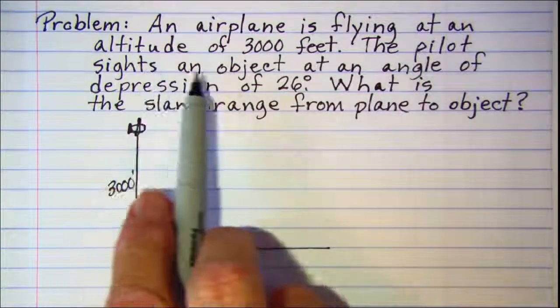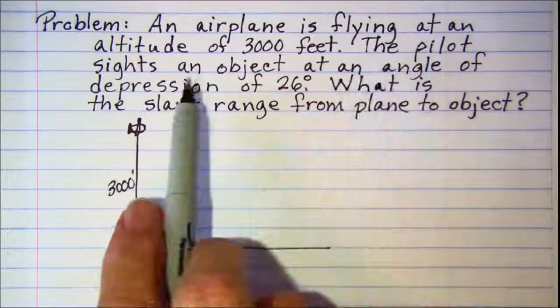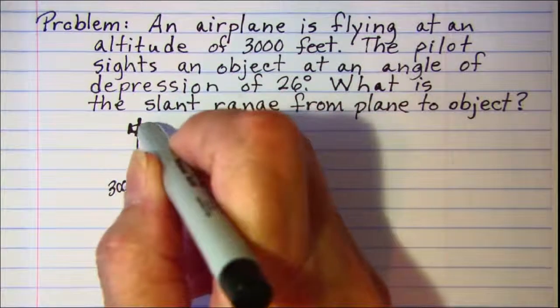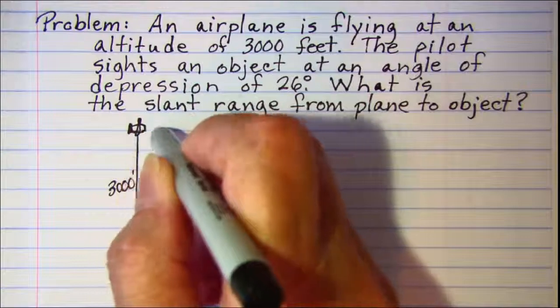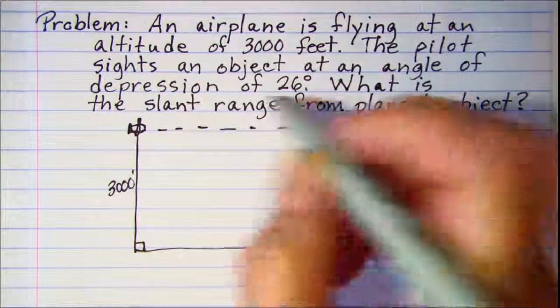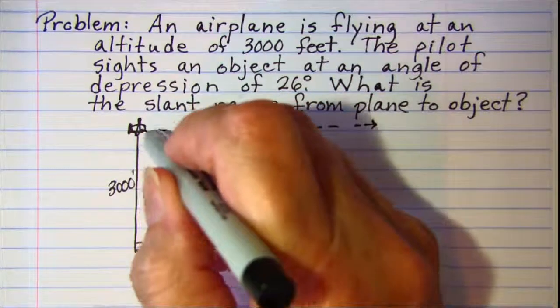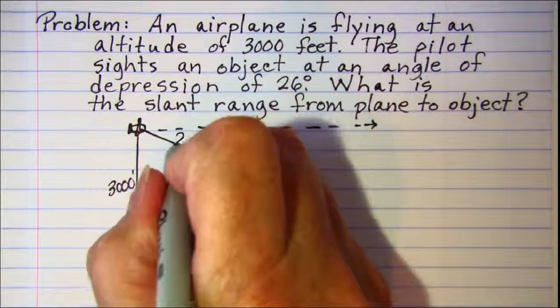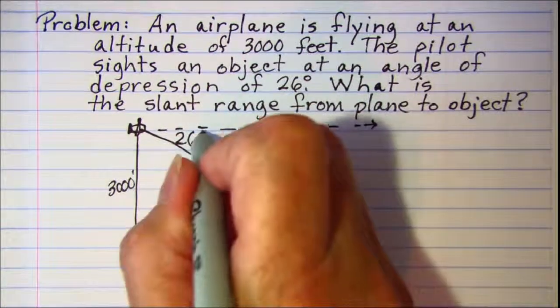The pilot sights an object at an angle of depression of 26 degrees. So our angle of depression from this side, here's our horizontal, and then we need to go down. So this angle is 26 degrees.